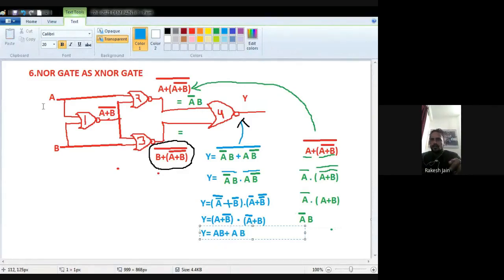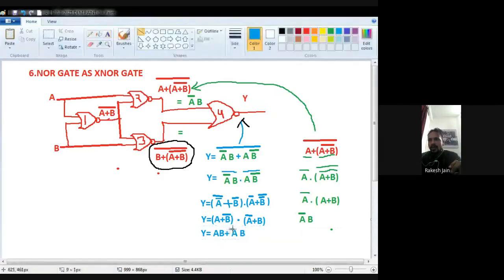Now see, this one will be A plus B bar dot A bar plus B.